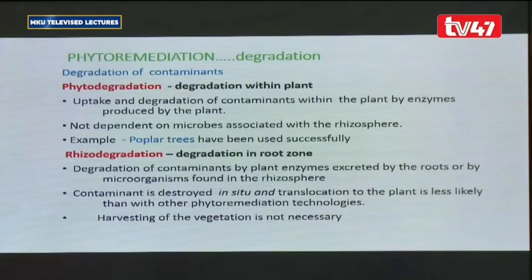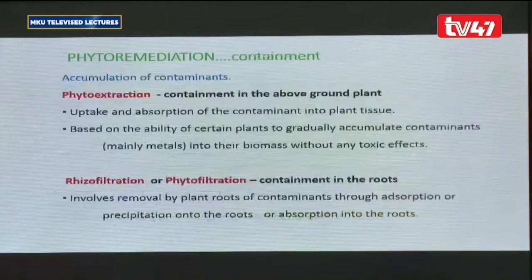And most of the time, since they excrete the enzymes, the contaminant is destroyed outside the plant. In this process, you don't need to harvest the plant in order to remove the contaminant, because the contaminant has not entered the plant. It is still in the soil, but it has been made harmless through enzymes that have been excreted into the soil.